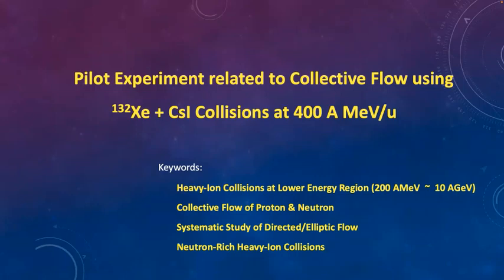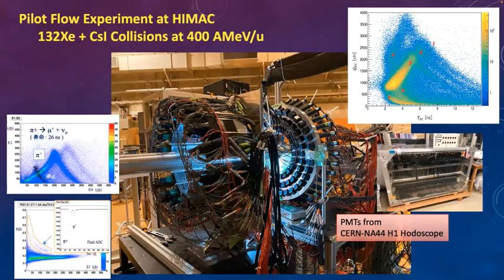We had some test experiments to see how collective flow works at this energy. This was already done at GSI, but we want to confirm the directed flow or elliptic flow. It was a very small experiment.